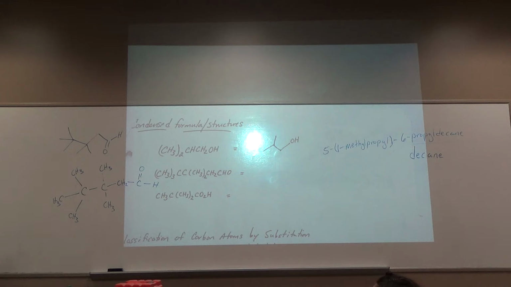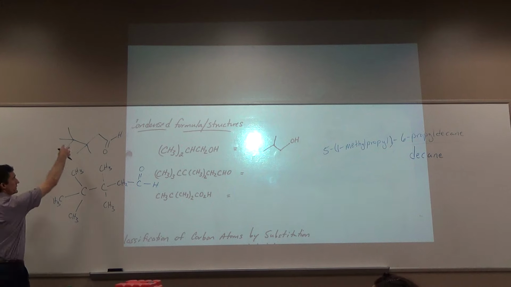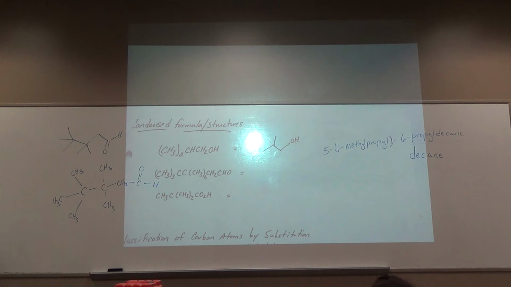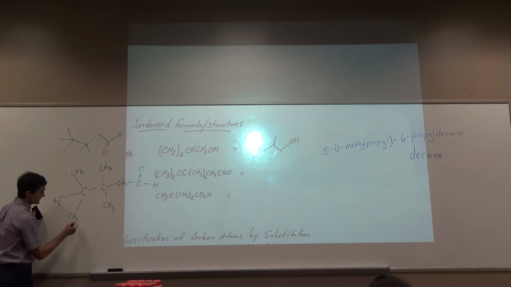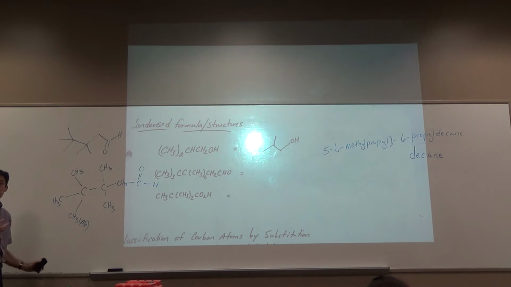It looks naked without the H to me. You don't have to draw in the H. Those are the same thing, right? Now, of course, in many of my answer keys or problems, you'll see instead of CH3, I'll write Me. It just means methyl. It's a 1 carbon CH3, right? Okay.